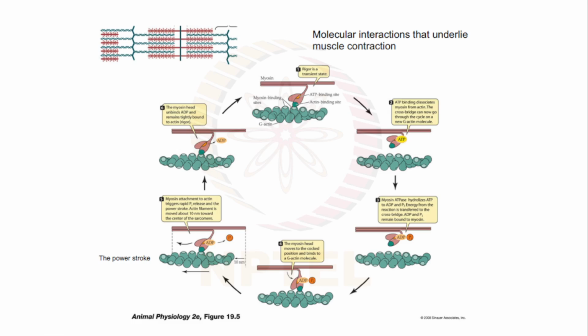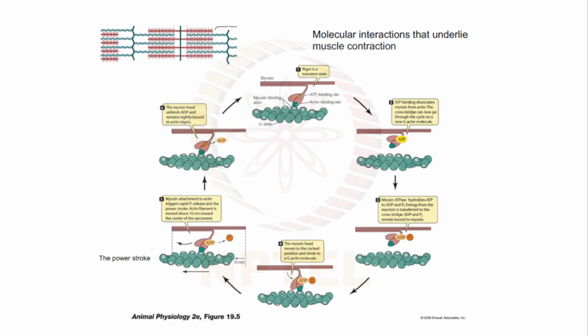Now this ATP binding site has an enzyme, ATPase, present near it, which will break this ATP into ADP plus inorganic phosphate, which will provide energy to this myosin head, which will cause the myosin to bind to actin through the actin binding site.